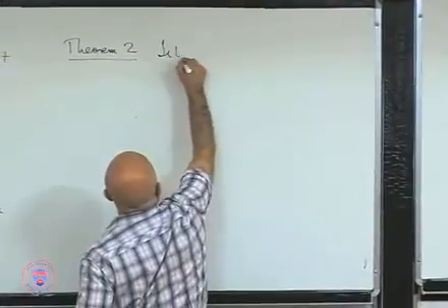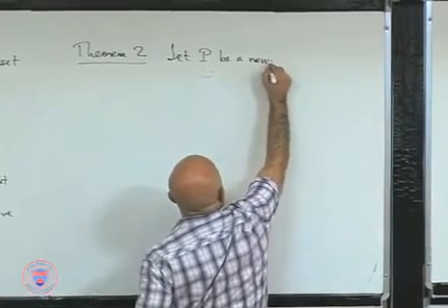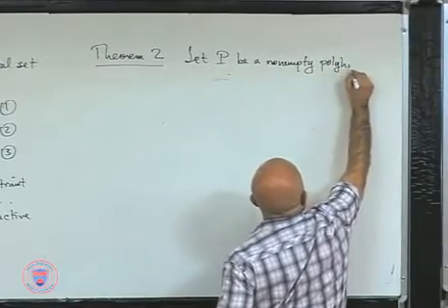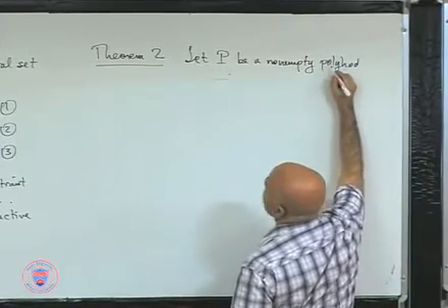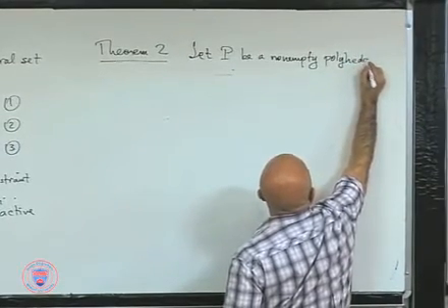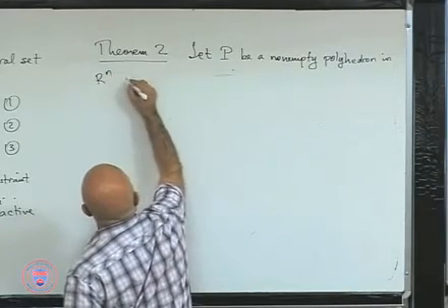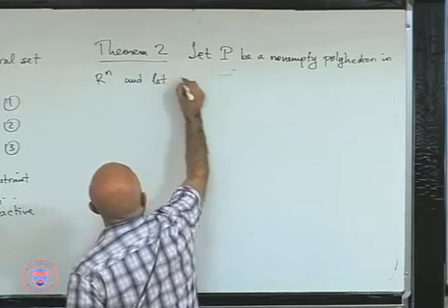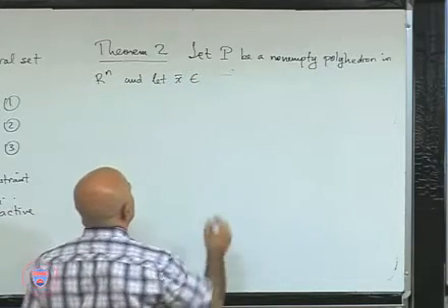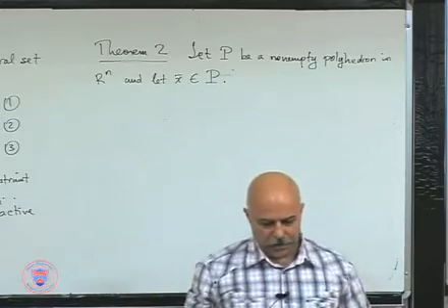So let P be a non-empty polyhedral set or polyhedron in R^n, and let x bar be a point of the polyhedral set. So we assume x bar is actually in the set.